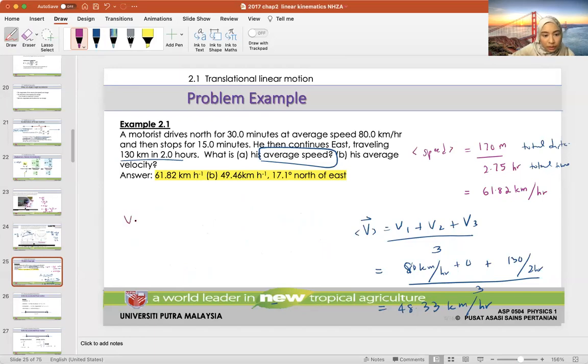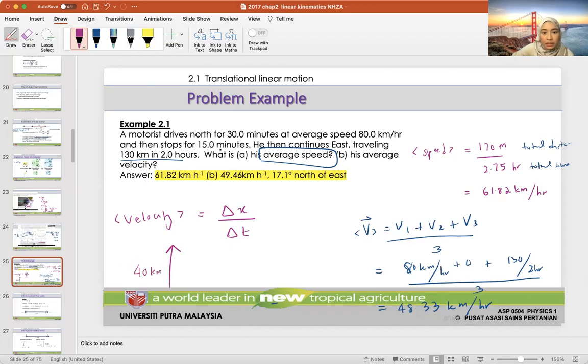Okay. So let's do it. Velocity is the change in displacement x over the change in time. And then we have 30 minutes north at an average speed of 80 km. So he moved this much, 40 km at first, and the time is 30 minutes.